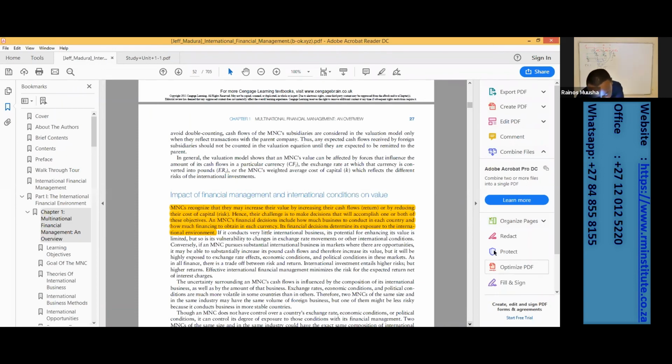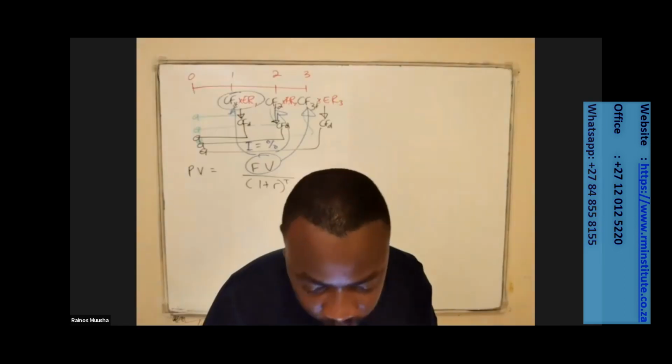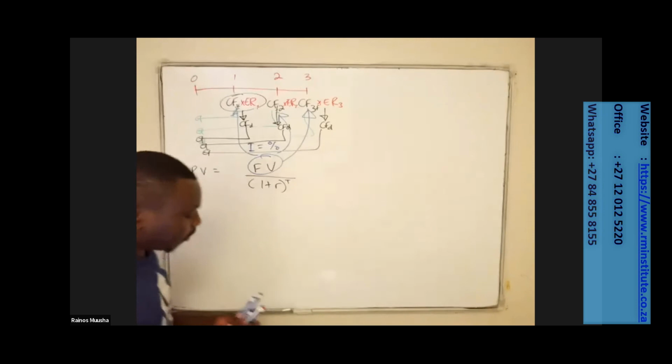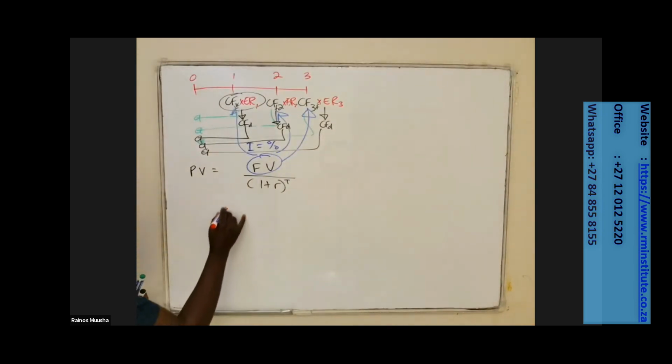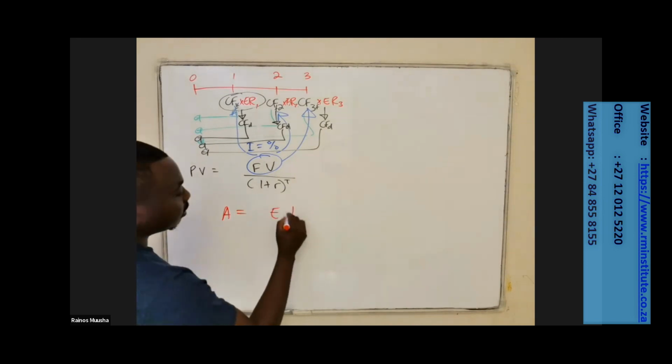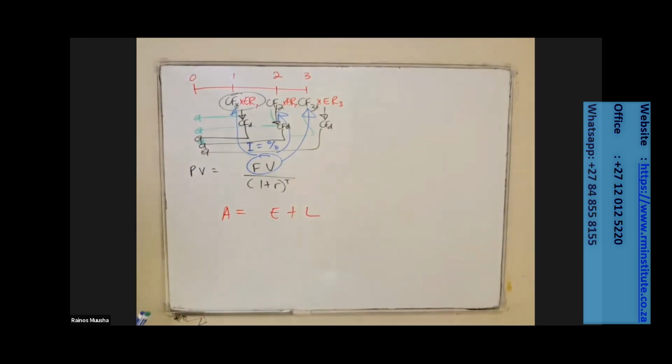So here, when it comes to the impact of financial management and international conditions on value, remember it goes back to your accounting equation: your assets are equal to equity plus liabilities. And the value of the firm is basically the value of the assets of the business.